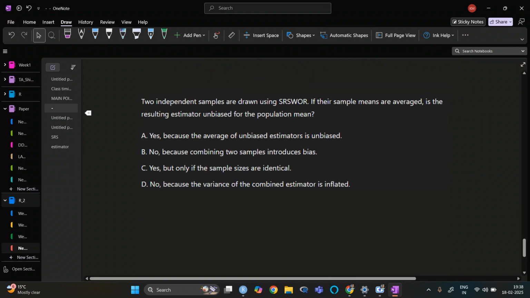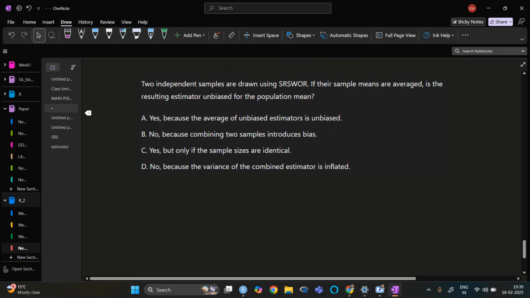The next question is that two independent samples are drawn from SRSWOR. If their sample means are averaged, is the resulting estimator unbiased for the population mean? Okay, so let me clarify this question. Basically, we have two samples we are choosing from SRSWOR.